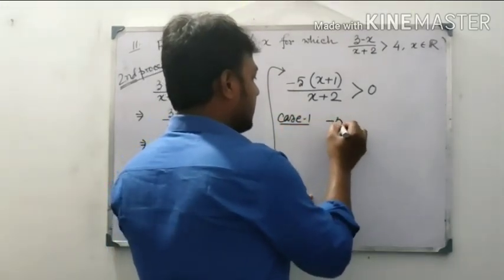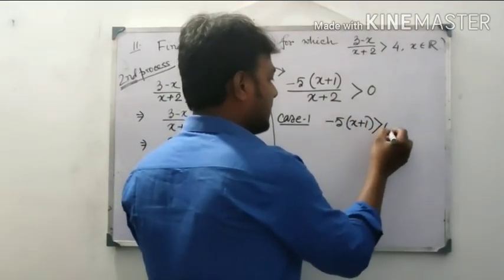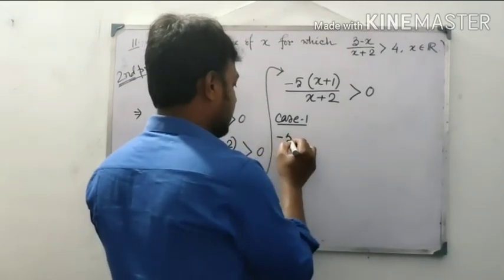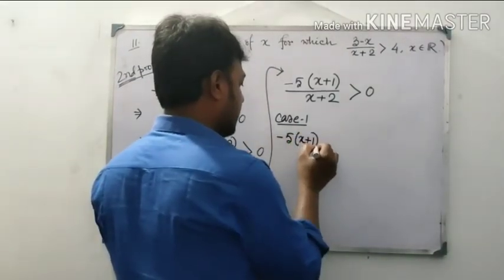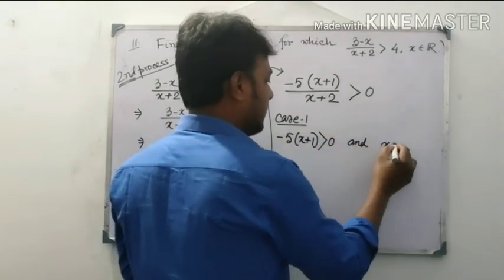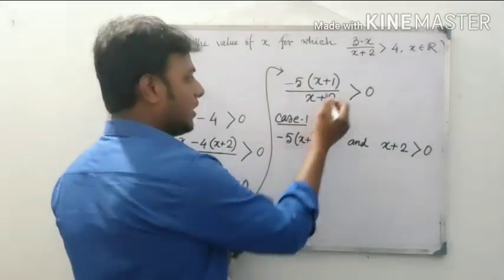The numerator positive, that means minus 5 into x plus 1 is greater than 0, and x plus 2 is greater than 0. This is the first case, both are positive.